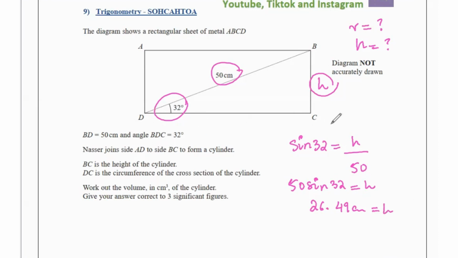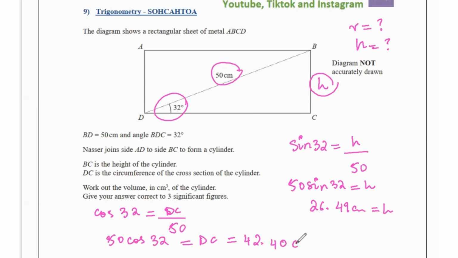Now to find the value of DC, we can see that DC is the adjacent, so we'll use cosine. Cos of 32 equals DC over 50. So 50 times cos of 32 equals DC, which is 42.40 centimeters. So now the question says that DC is the circumference.